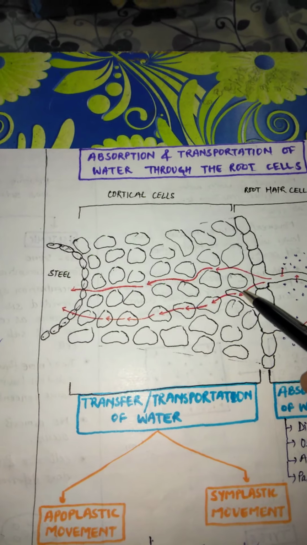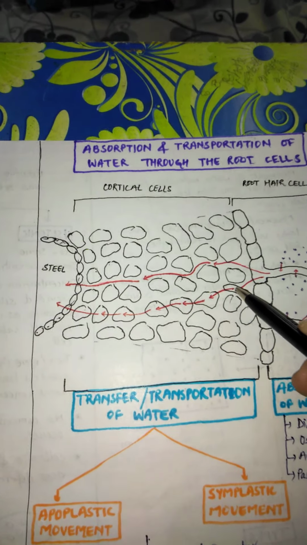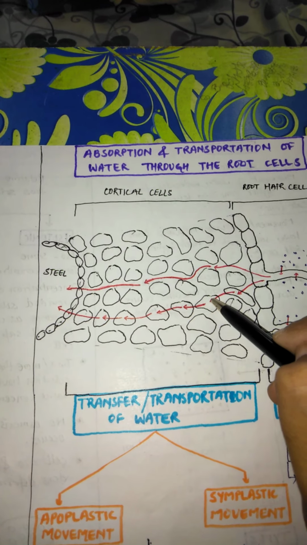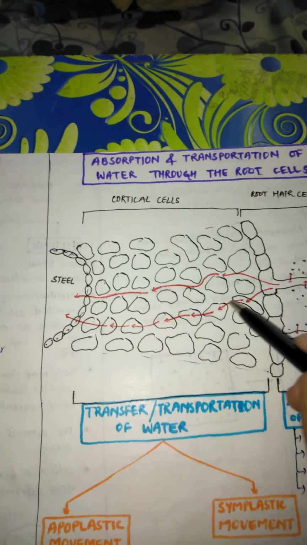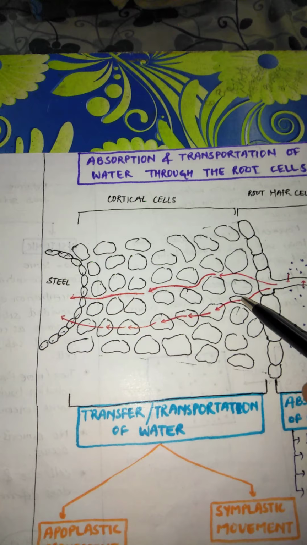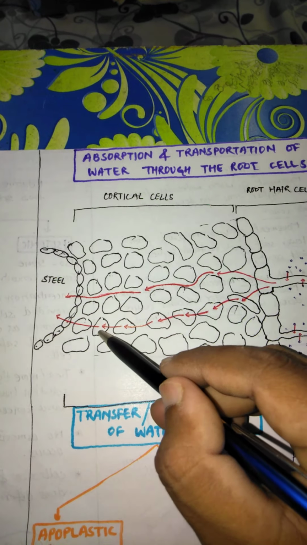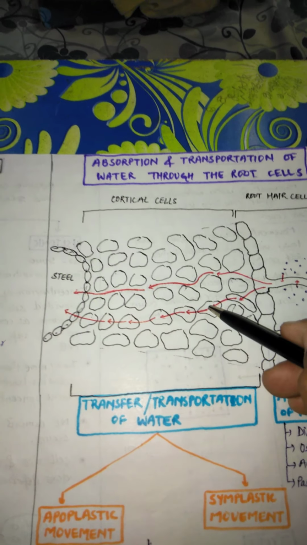The water molecules enter the cytoplasm of the first cell, then are transported to the cytoplasm of the next cell. This is not transported via the intercellular space. This cell to cell transportation of water is known as the symplastic pathway.